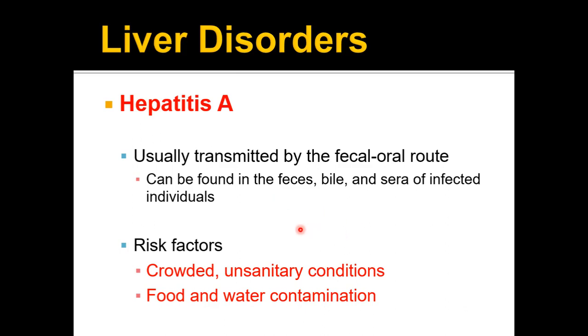Or eating food that was prepared by somebody with poor sanitary habits, that can transmit hepatitis A as well. So crowded, unsanitary conditions, food and water contamination. But like I said, this is acute hepatitis. There's no chronic version of Hep A that I'm aware of, and self-limiting. So people feel pretty bad for a couple weeks, but then they get better.